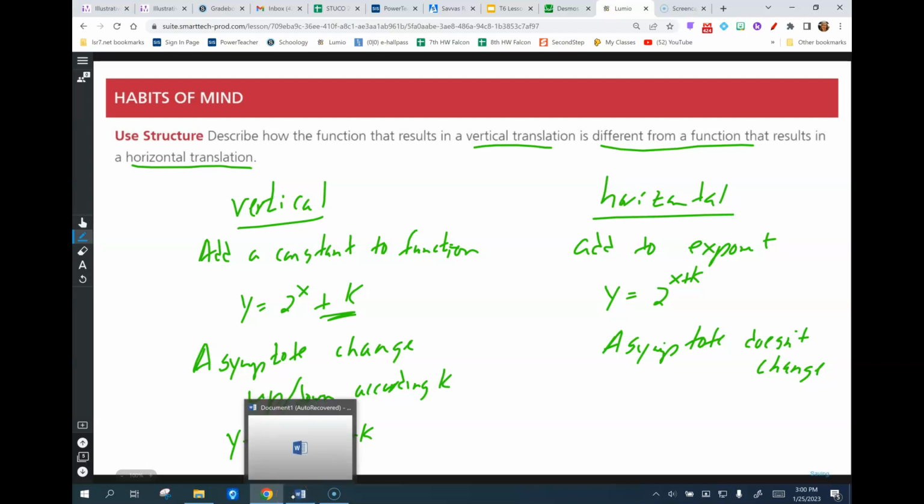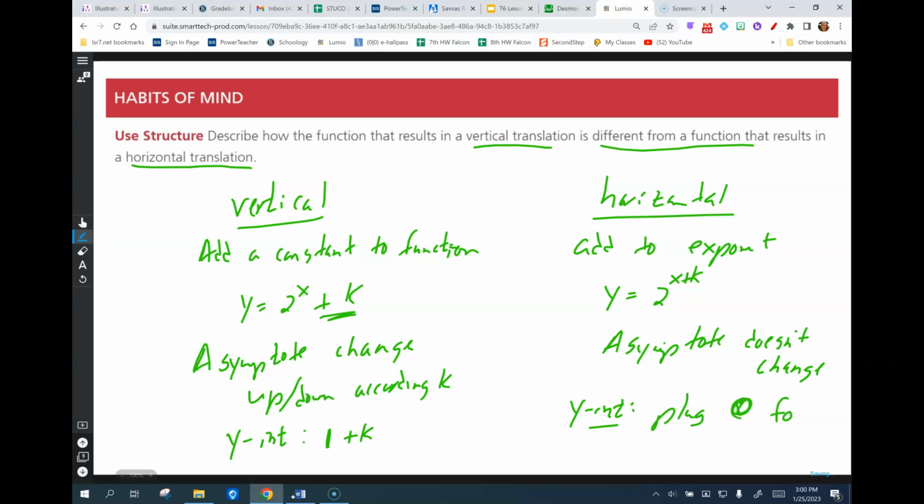Whereas here, it's going to shift, but it's not an easy way to say it. The easiest thing I can tell you is plug 0 in for the x.